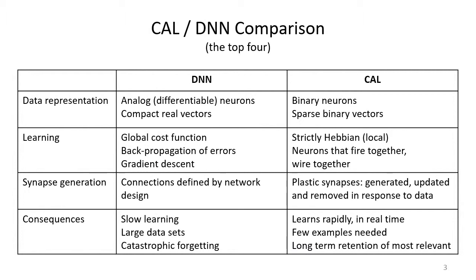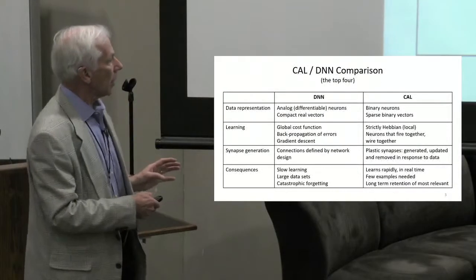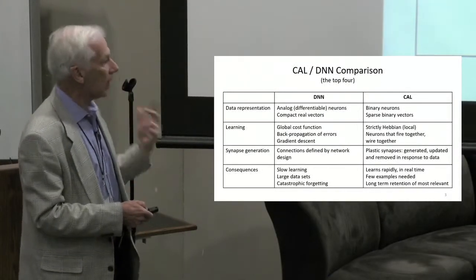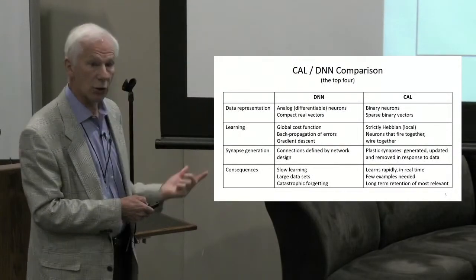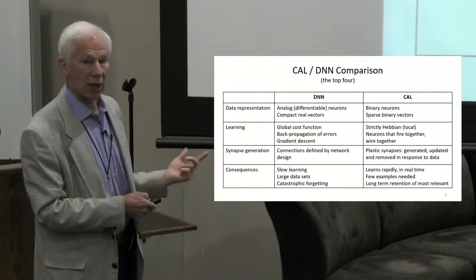In DNNs and related networks, the connections are defined initially to a very large extent. There are exceptions, of course, but the network design says which connections are made. In Cal, very importantly, the topology is plastic.